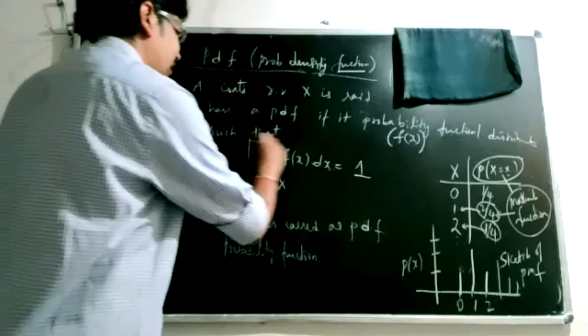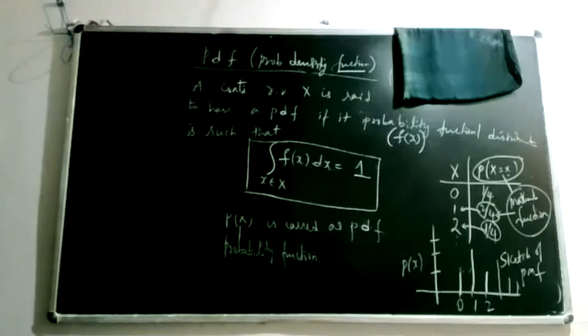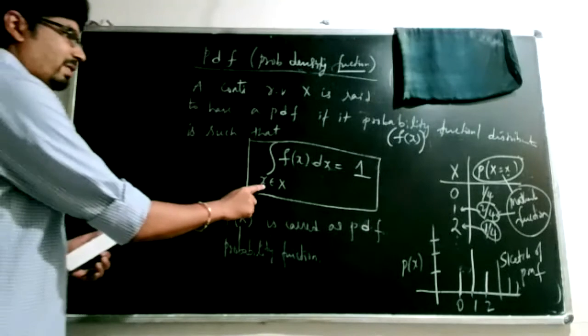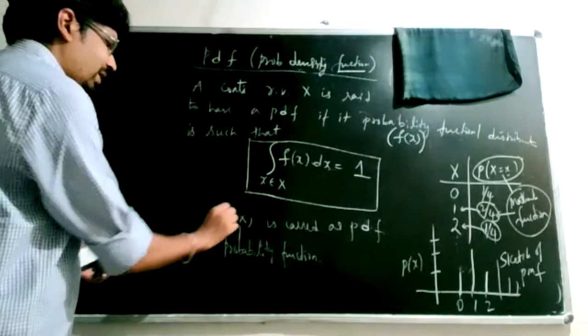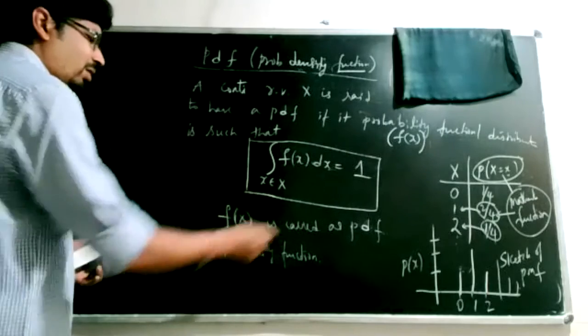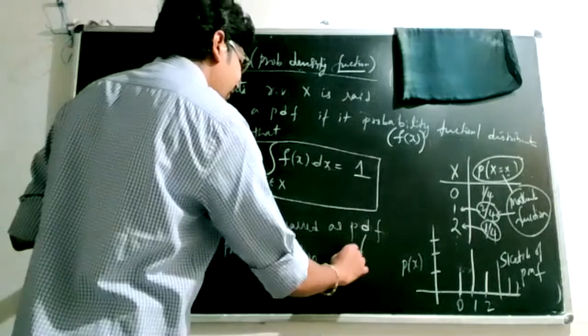So we apply the condition that the integral of f of x dx over all possible values of x, which I call the range of x, is equal to 1. In that case, f of x is called a PDF or probability density function.